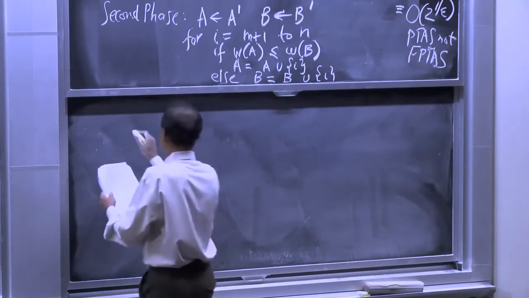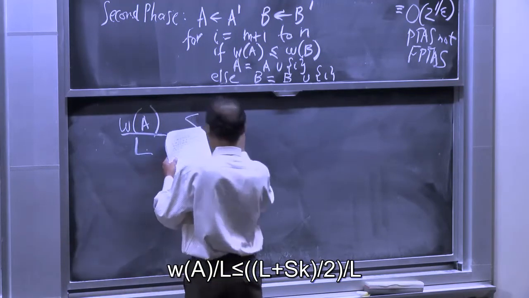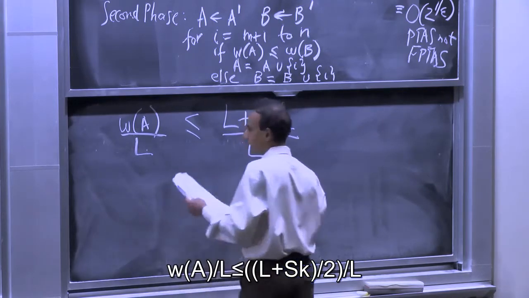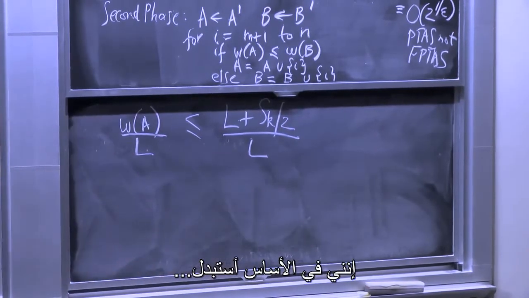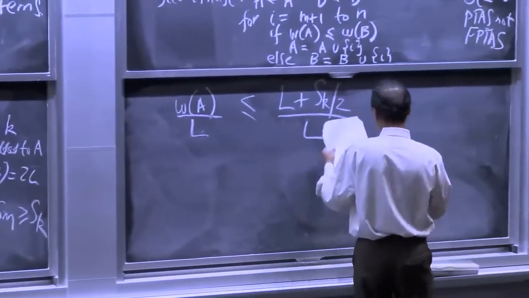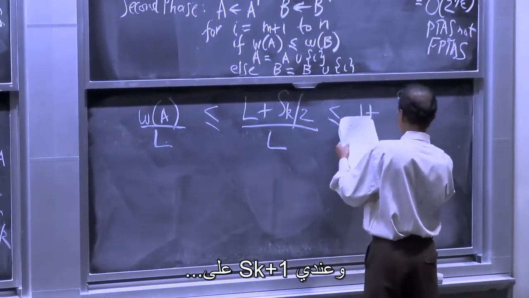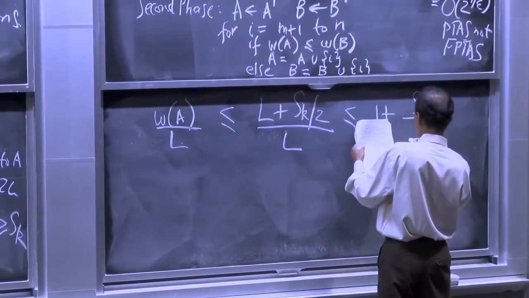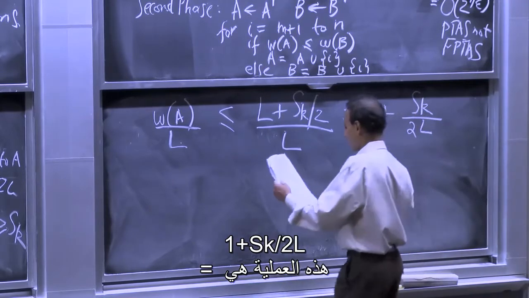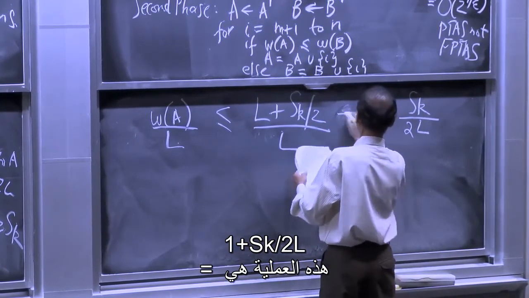All right. So WA divided by L is less than or equal to L plus Sk divided by 2, divided by L. I'm basically substituting. I have this and I have that, and I'm playing around with it. And I got 1 plus Sk divided by 2L, which is, now this I can say is equal.